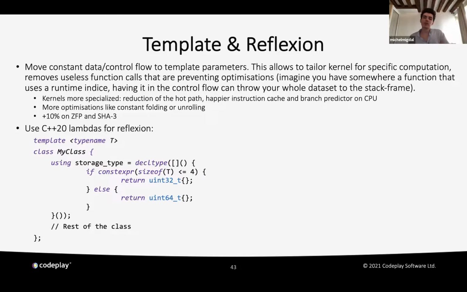Given there was some dynamic addressing to some of the data, the whole data was going to the stack and I was losing performance. By tailoring the kernels and removing function calls, the compiler sees more clearly through the code and is able to perform new optimizations.